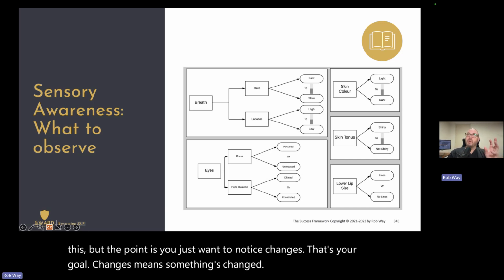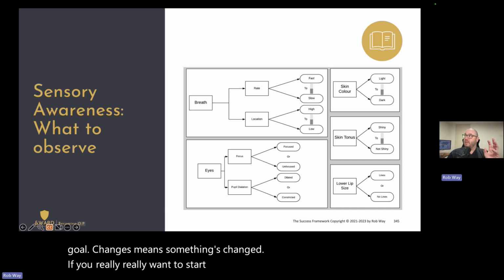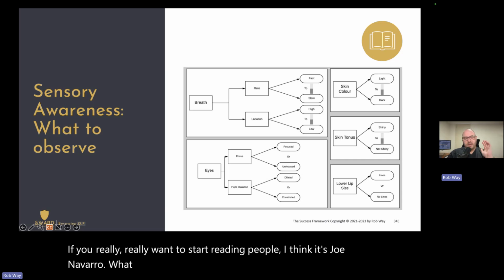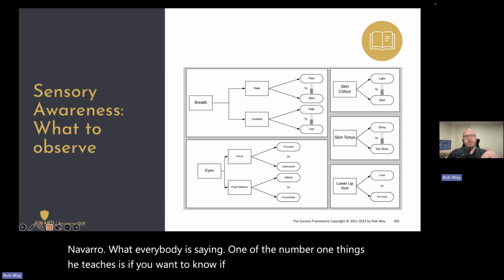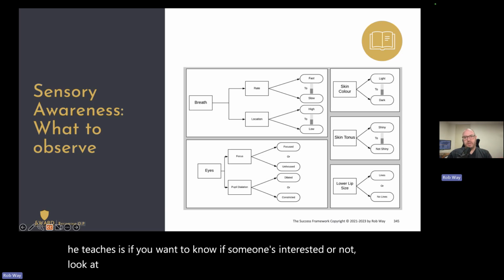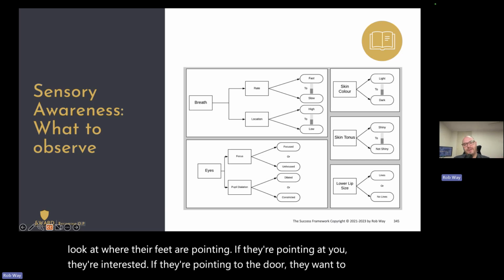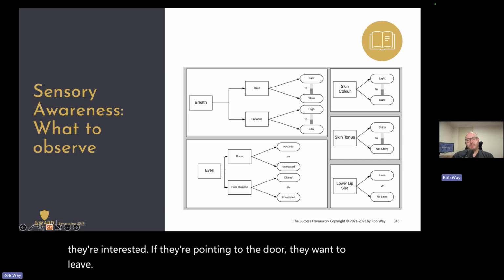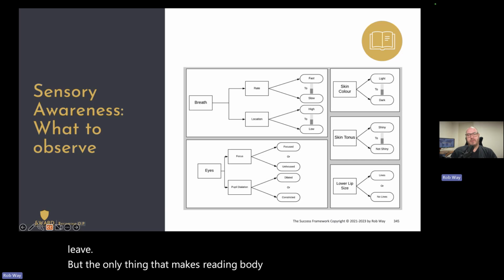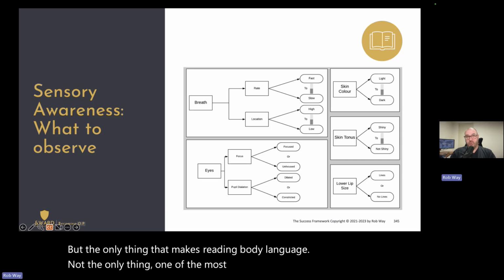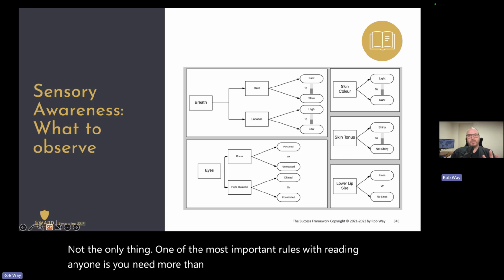If you really, really want to start reading people, I think it's Joe Navarro, one of the number one things he teaches is if you want to know if someone's interested or not, look at where their feet are pointing. If they're pointing at you, they're interested. If they're pointing to the door, they want to leave. But one of the most important rules with reading anyone is you need more than 3 data points.